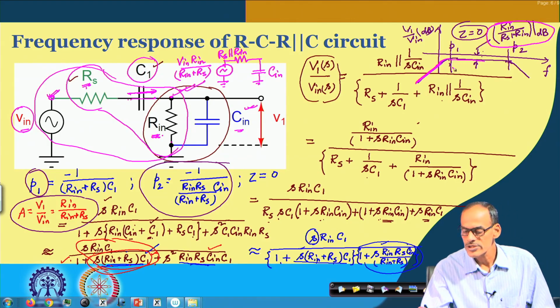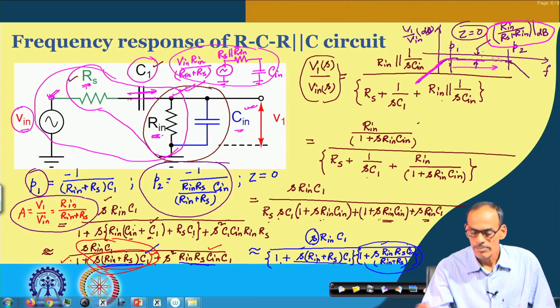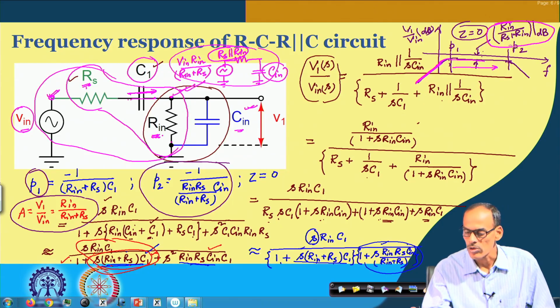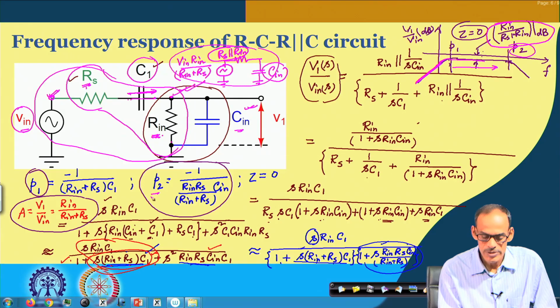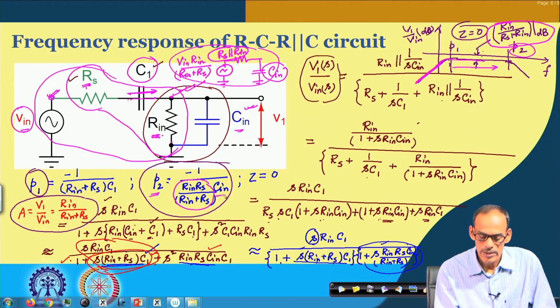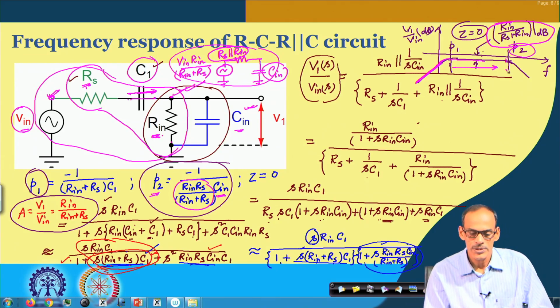From this frequency onwards this is the model, and based on this resistance R s in parallel with R in and then C in, we have a pole. The expression of this pole comes from this resistance, which is R in and R s in parallel, and then the C in. So, that is why we have the pole here. That is the interpretation of this frequency response.